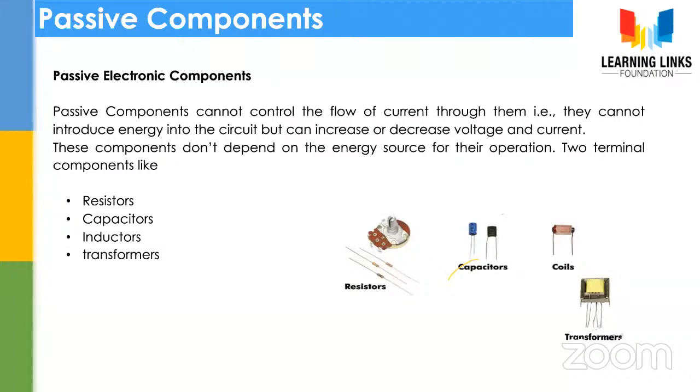So in the next part, we have to learn about all these things: what is a resistor, what is a capacitor, what is an inductor, and what are transformers, okay. I think everyone should be aware of the resistor, okay. I will give you one example. When we see in our washroom or anywhere, we attach one pipe to the tap.